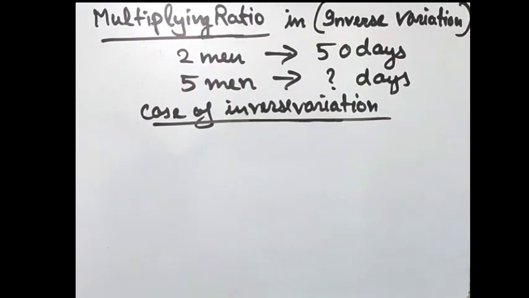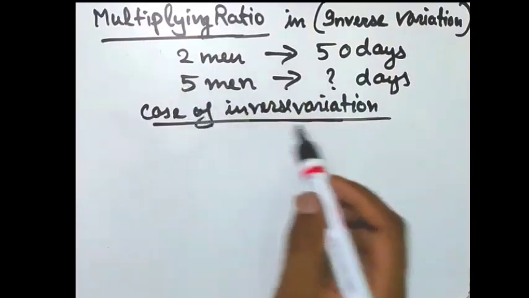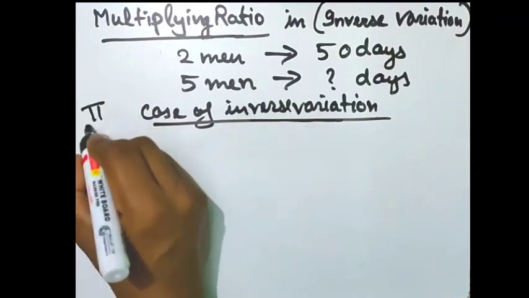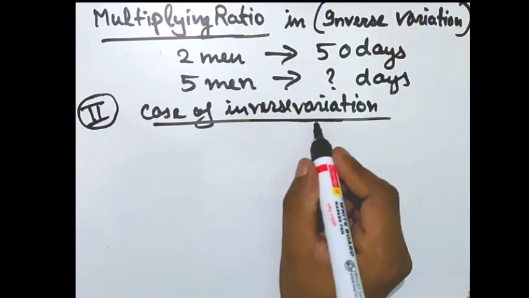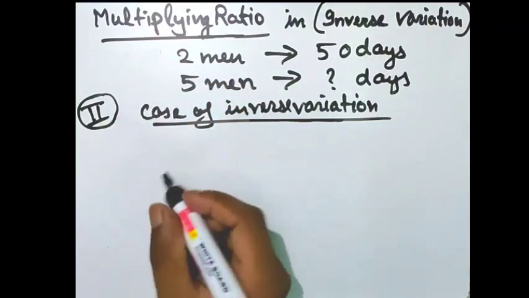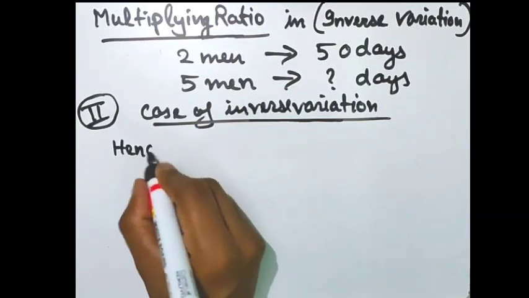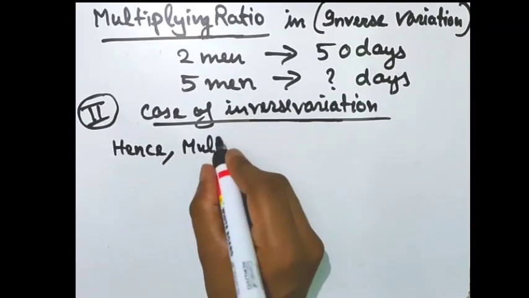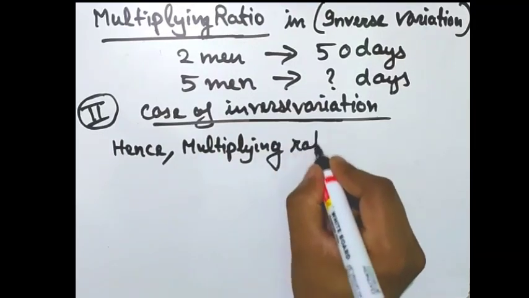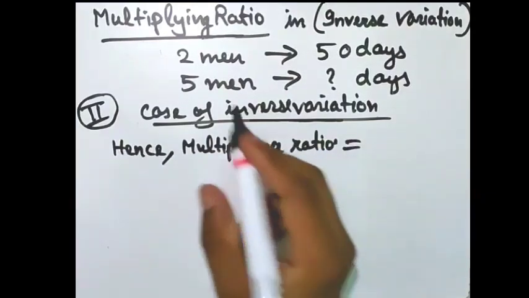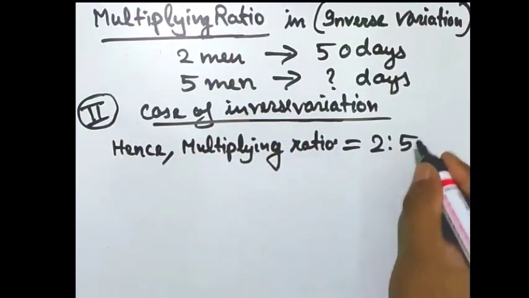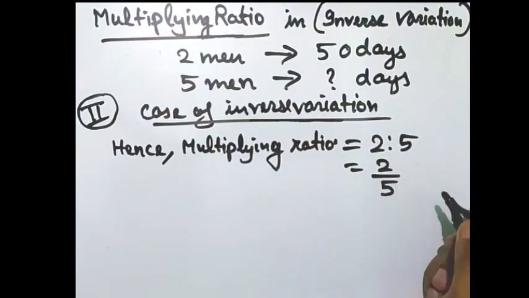Now when using the multiplying ratio method, you first identify the variation, then mention that it is the case of inverse variation. After mentioning the variation, you can directly represent the multiplying ratio. We'll say, hence, multiplying ratio is equal to the ratio of the two values of the given quantity, that is 2:5, that is 2 by 5.